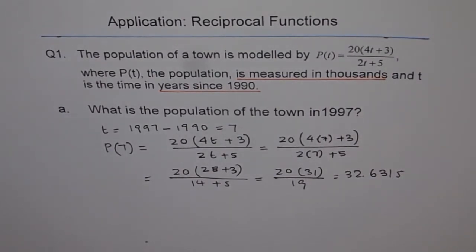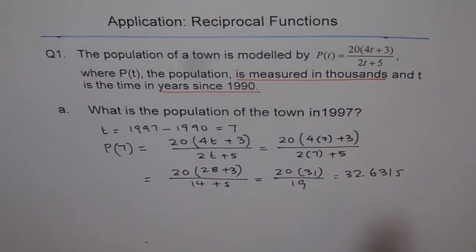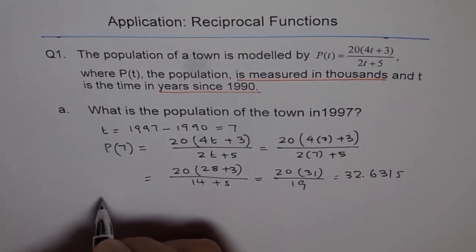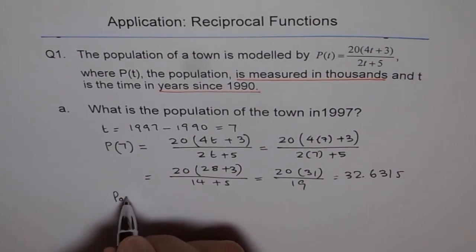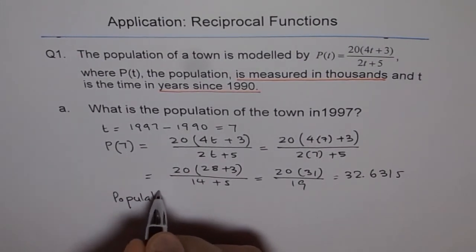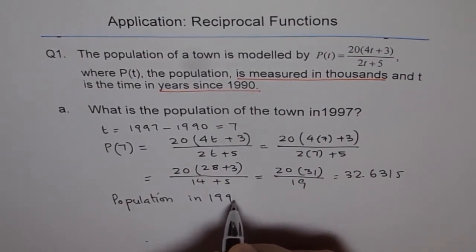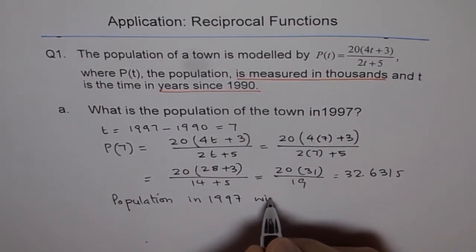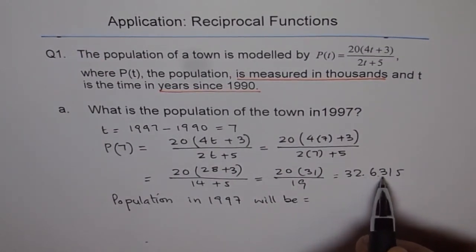The thing here is that, remember, this is in thousands, so you've got to multiply this by 1,000 to write down the population. This is very critical. Then for the population of the town in 1997, when you multiply by 1,000, it moves three decimal places.